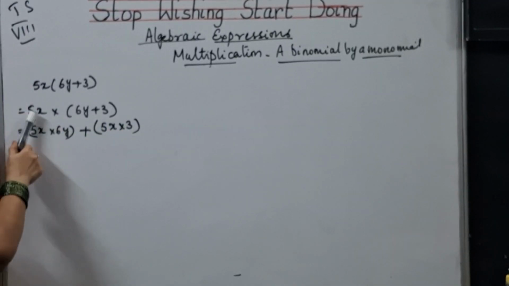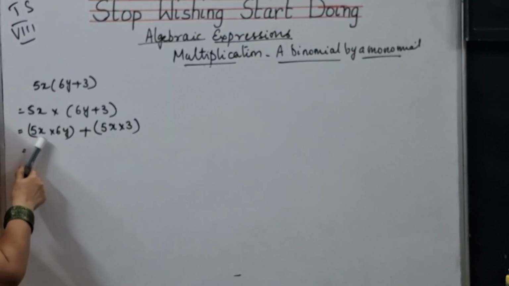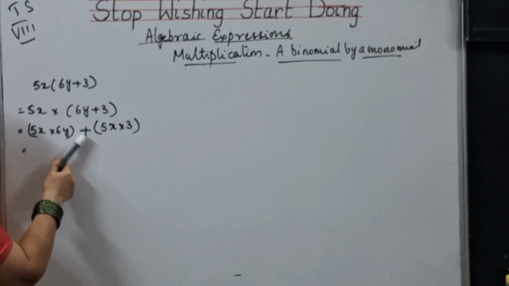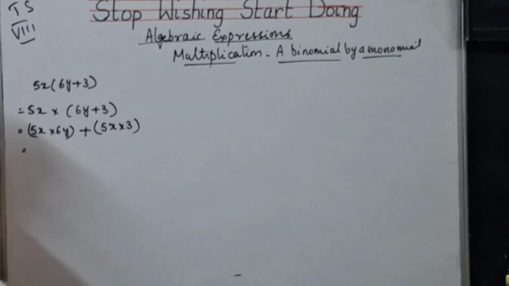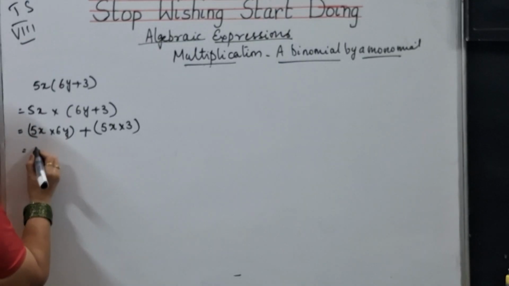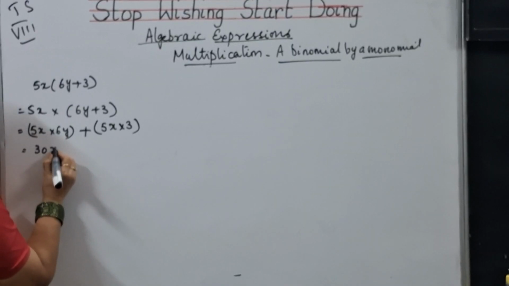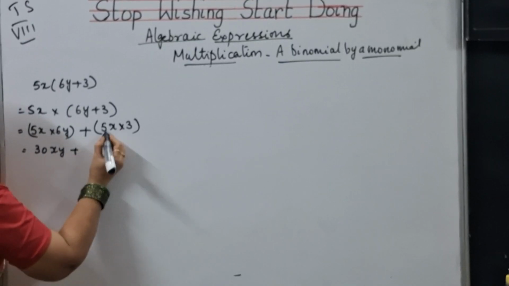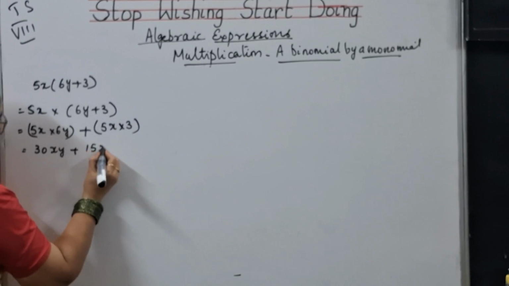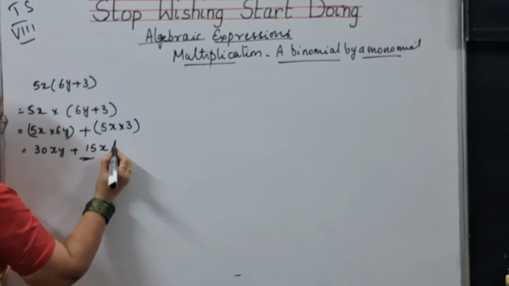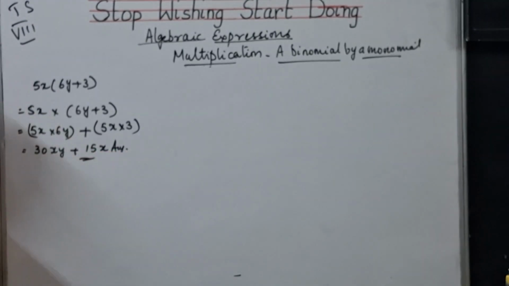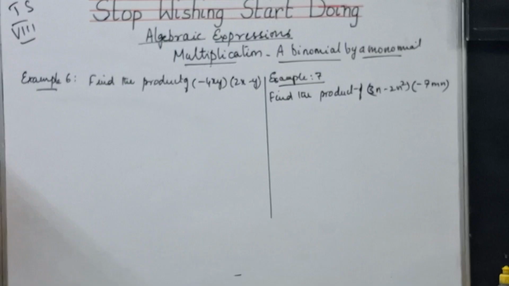So 5 6s are 30xy plus 5 3s are 15x. This is the answer for this problem, children.